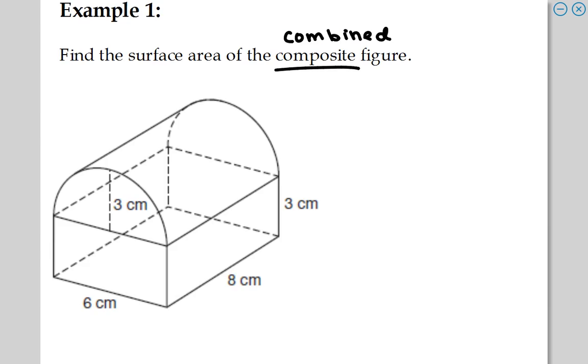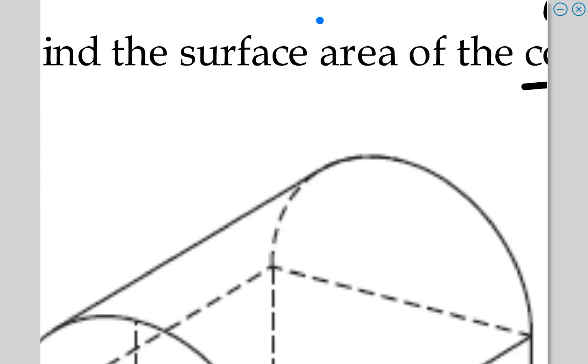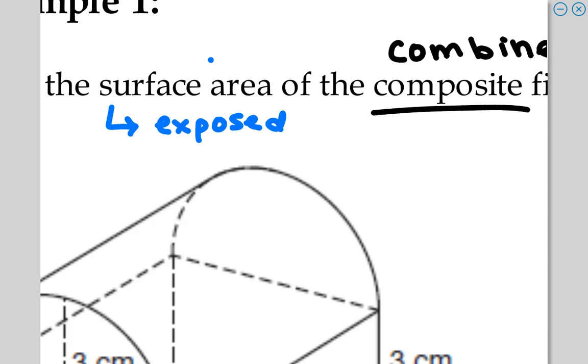Alright, this first one, we're going to take care of surface area. These are by far the harder ones. The volume is much easier. Surface area is much more challenging. So for surface area, you are looking for exposed surfaces only.